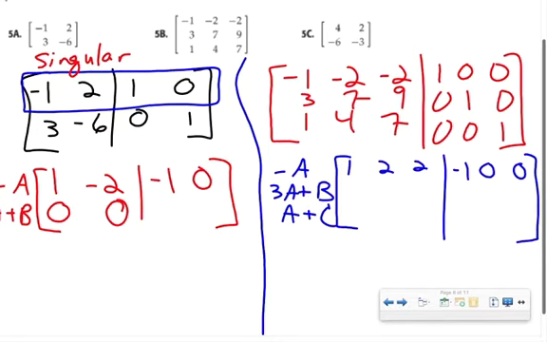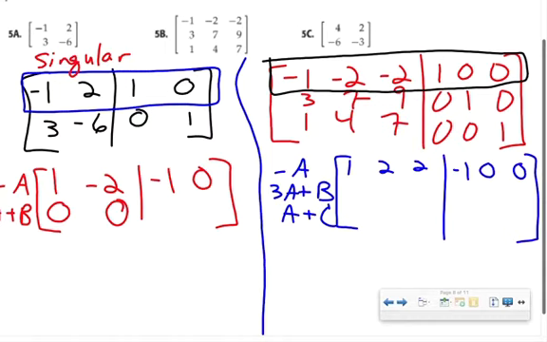Again, for the sake of clarity, this is the A that I'm doing stuff to. So 3 times -1 is -3 plus 3 is 0. 3 times -2 is -6 plus 7 is 1. 3 times -2 is -6 plus 9 is 3. 3 times 1 is 3.